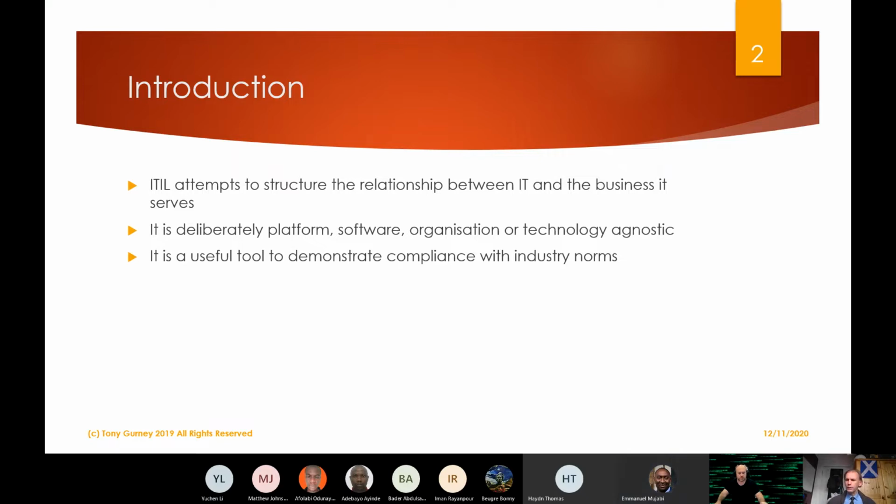And as with both of these things, it's not about saying you will go to Cisco and buy this router. You will go to this software company and buy their anti-hacking software. It's not about that. It's about trying to understand how it works, trying to understand how the hardware and software serves the business.